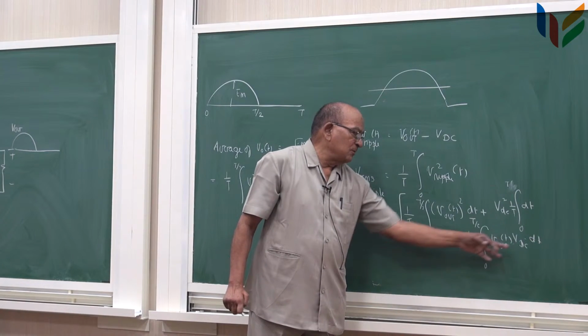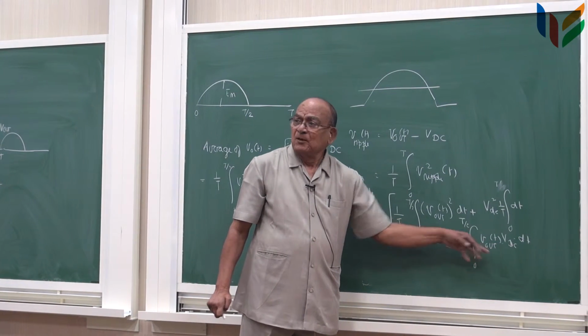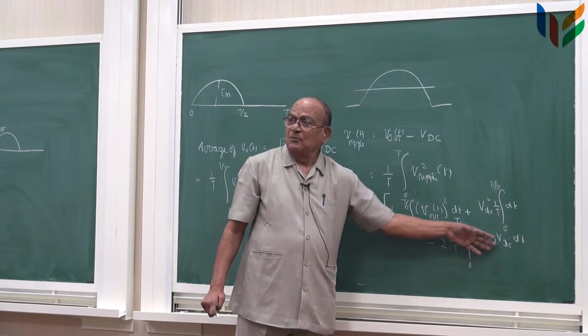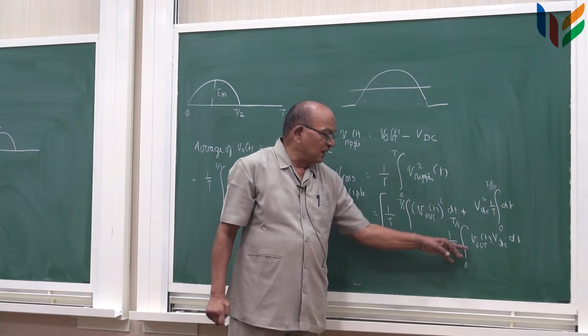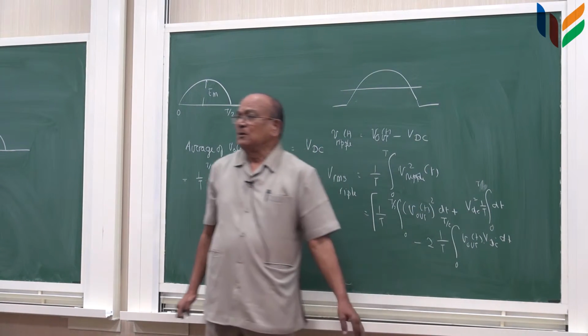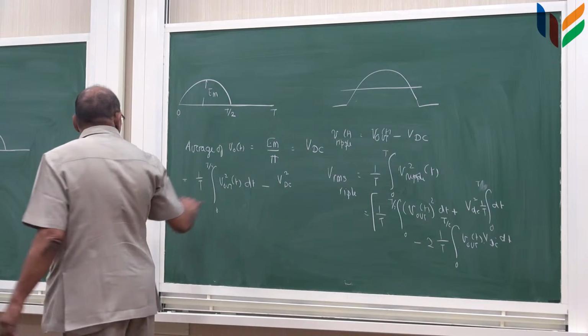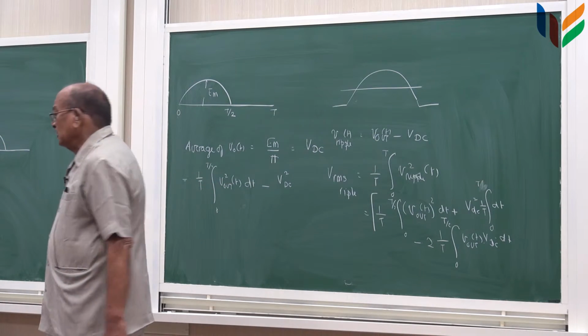So you get the same thing as VDC into this, which is again VDC. So this becomes VDC square. So the 2 minus 2 VDC square becomes VDC square, so there will be a minus of VDC square.